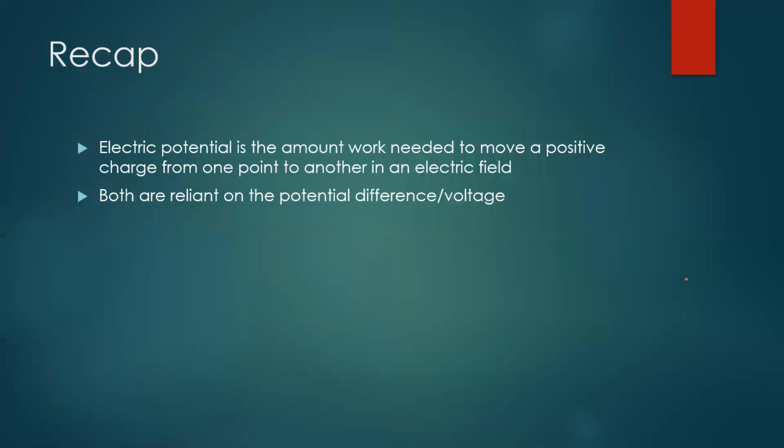It's kind of hard to narrow down the exact relationship between electric potential and electric field, but I believe the two main things you need to know are that electric potential is the amount of work needed to move a positive charge from one point to another inside an electric field, and that both electric potential and electric field are reliant on potential difference, or voltage.